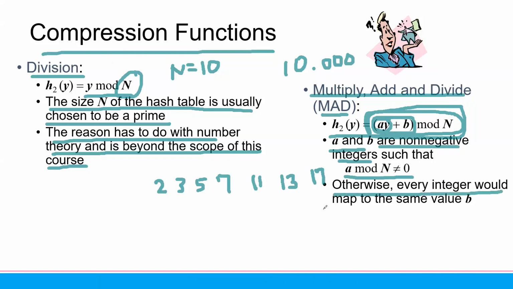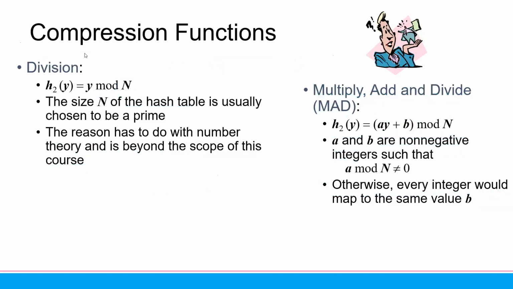Otherwise, every integer would map to the same value. So if a mod n equals 0, then the b will be 0, okay?